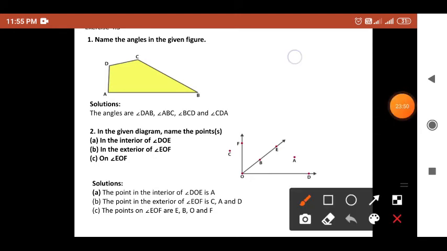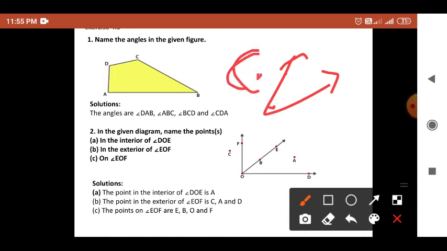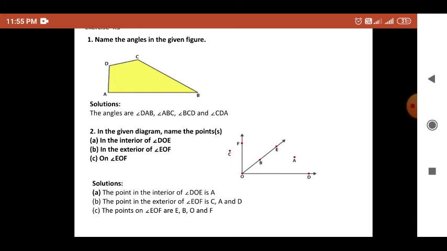If you want to see this angle only, then which are the outside? C is outside, A also outside, and D also outside. So which points are outside? C, D, A. Here, E, O, F angle, A, C and D are the outside parts.